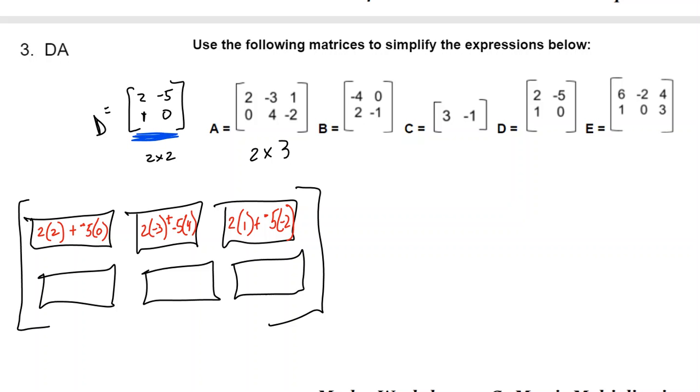This row times this column, 1 times 2, 0 times 0. Then we move to the middle column, 1 times -3, 0 times 4. And we hit on the last column, 1 times 1, 0 times -2.